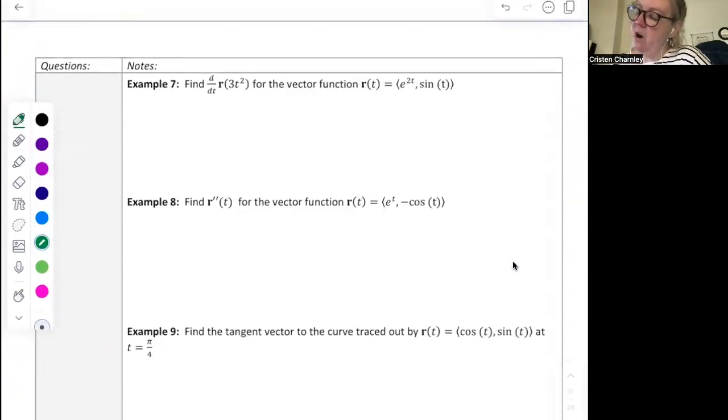Find the derivative of r(3t²) for the vector function r of t equals e to the 2t, sine of t. So what are we going to do here?